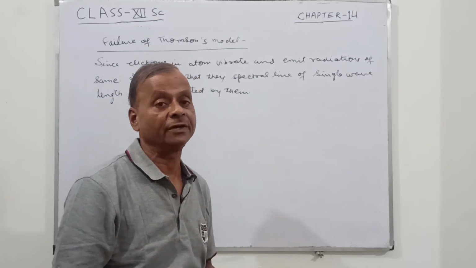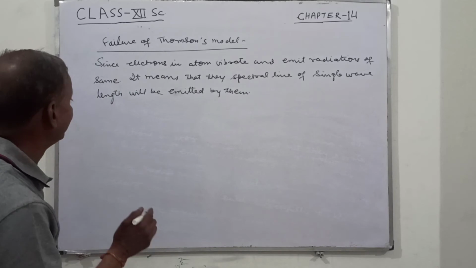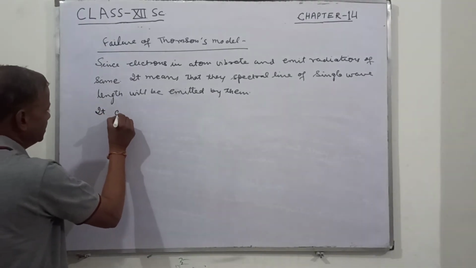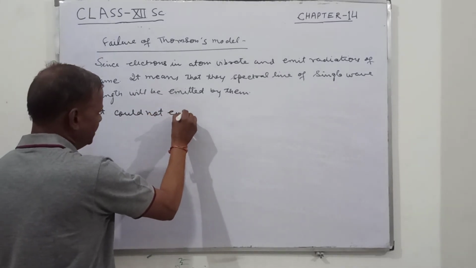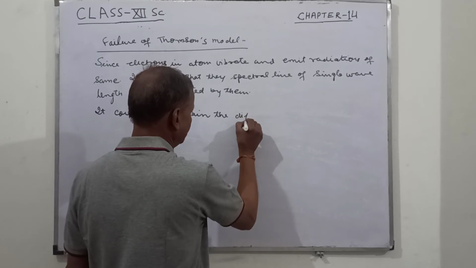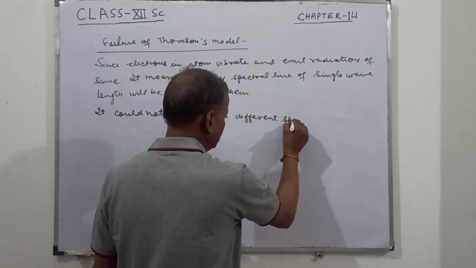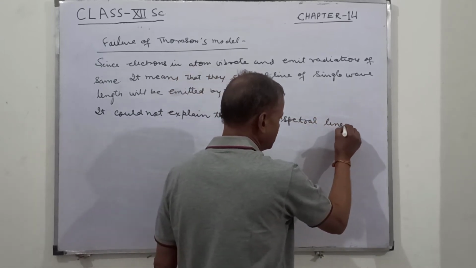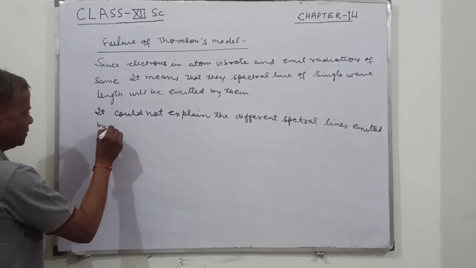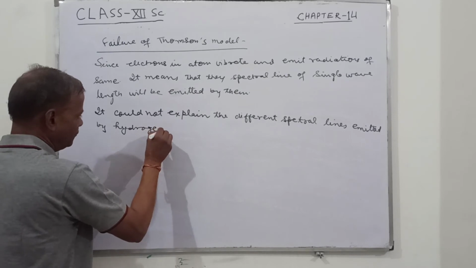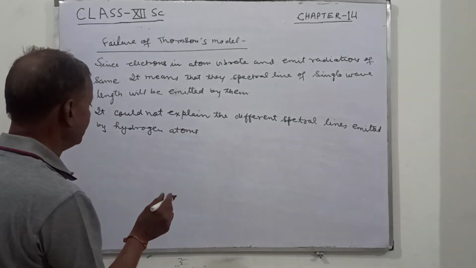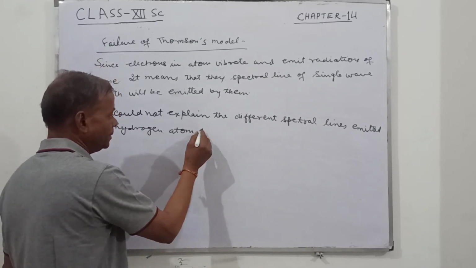Since we get a number of lines in the hydrogen spectrum, the model could not explain the different spectral lines emitted by hydrogen atoms.